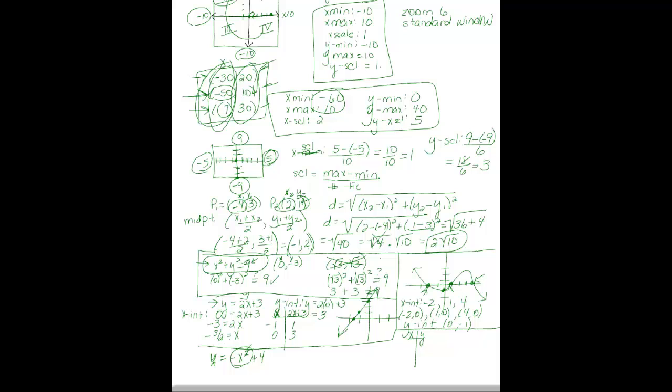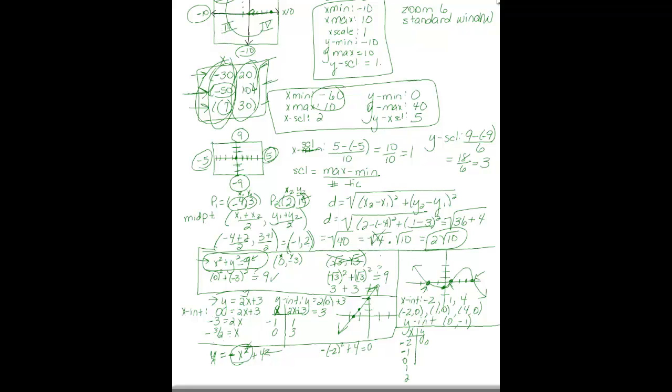I would always pick a couple of negatives, a 0, and a couple of positives. Plug those into the equation. When I square a negative 2, I get positive 4. Then this minus over here makes it go back to negative. So I would have negative 2 squared plus 4. That's negative 4 plus 4. That's 0.